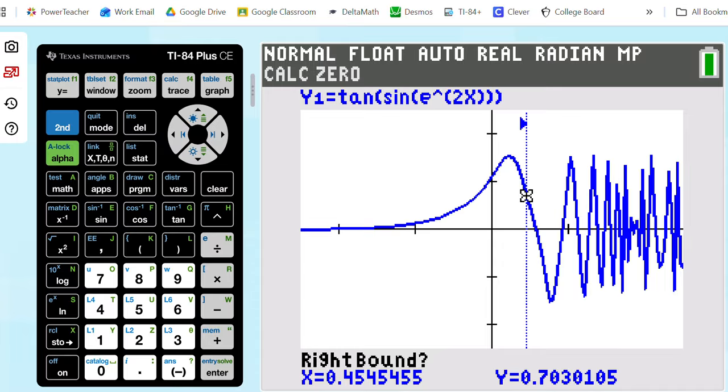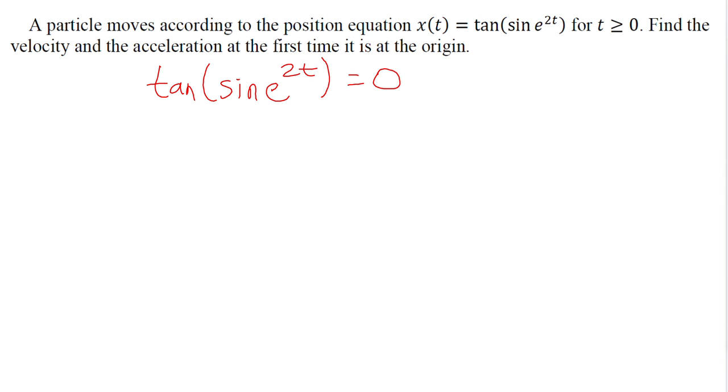We're a little to the left of that first x-intercept, a little to the right, and we will get this very nice value of 0.5723649. So we know this is true when t is equal to 0.5723649. So that is our time at which the function is at the origin.